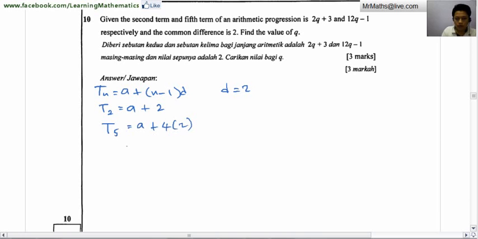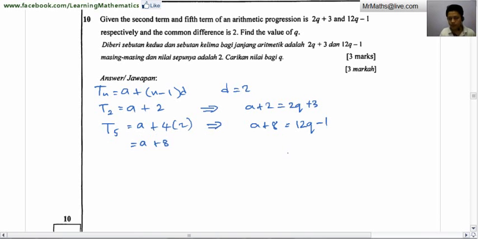Alright, then this comes up to the first one, right? a plus 2 equal to 2q plus 3. And this one, well, T5 is a plus 8. Okay, this one comes up to a plus 8 equal to 12q minus 1.